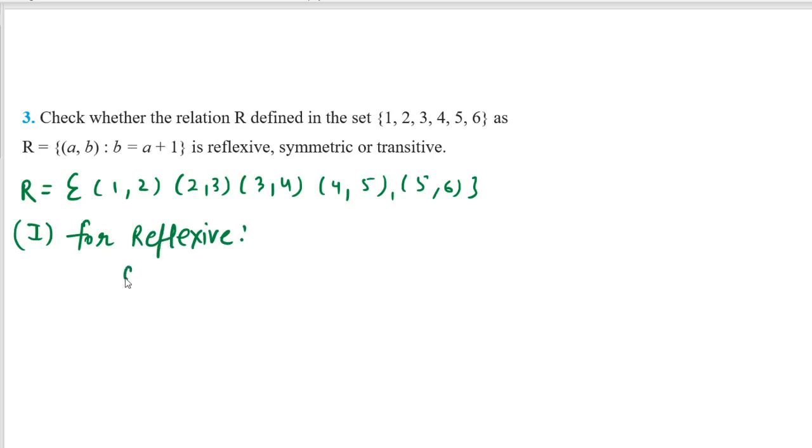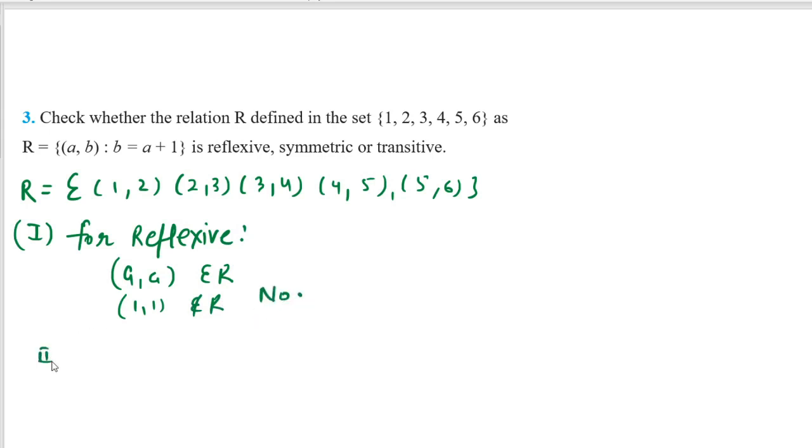That a comma a should belong to R. But 1 comma 1 does not belong to R. Any number like 2 comma 2, 3 comma 3, 4 comma 4 does not belong to R. So it is not reflexive.